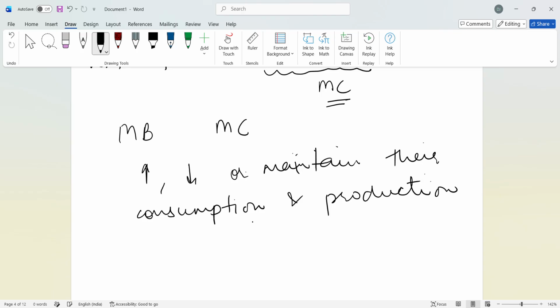All right. So by comparing the marginal benefit and marginal cost, it helps individuals and firms to increase, decrease, or maintain their consumption and production levels. And that's what we'll be doing further down in this course.